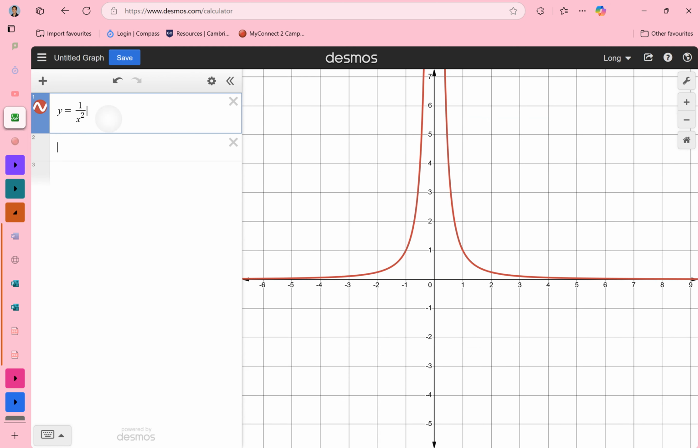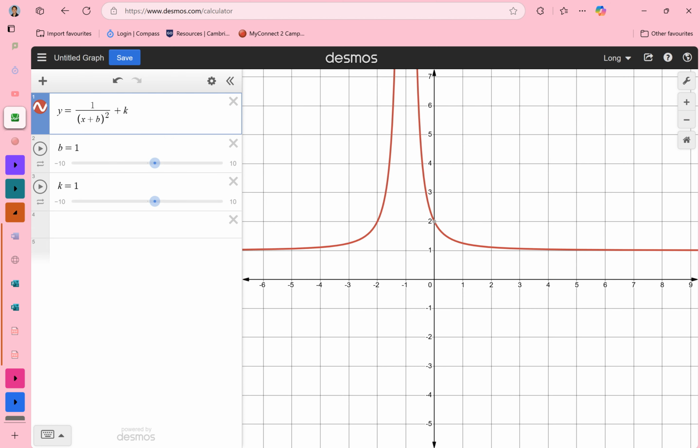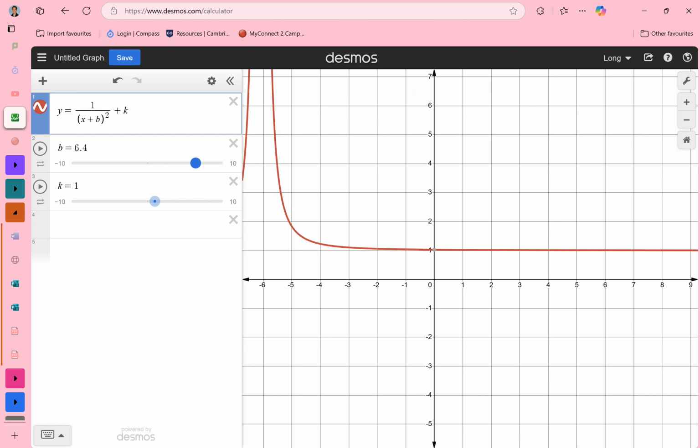I'll put it in as some variables for you to see. Can you see when I put in the brackets, anything you write in x here will affect the horizontal transformation. So if I put a plus b, okay, and then on the outside, I put a plus k, what you can see is that when b is positive, it moves to the left.